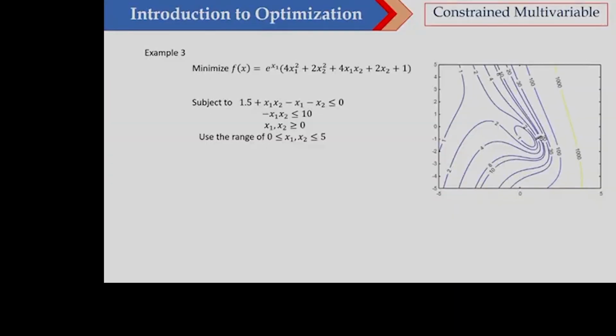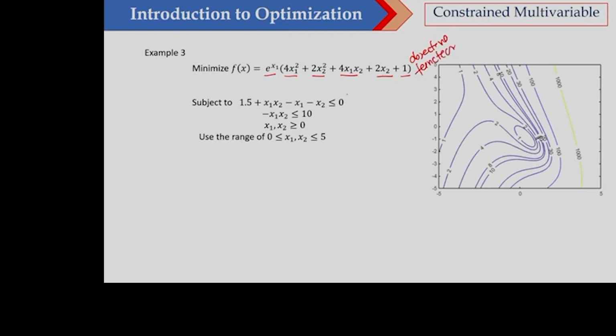The problem is that the objective function is e to the power x1 into (4x1 square plus twice x2 square plus 4x1 x2 plus twice x2 plus 1).